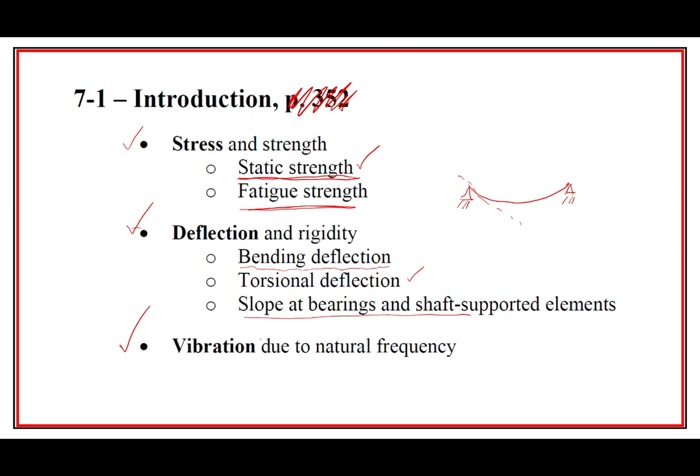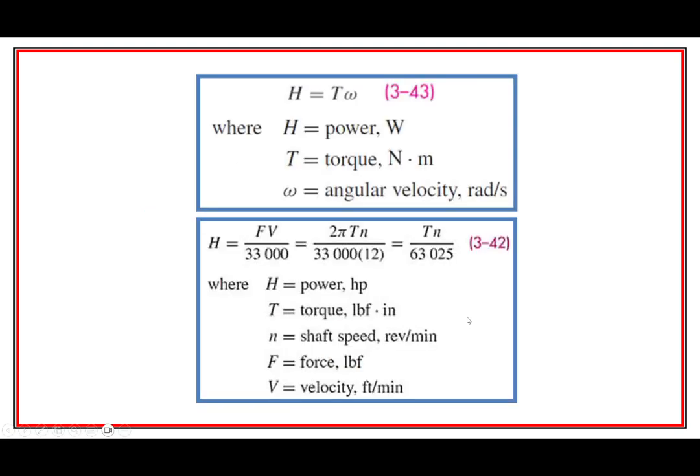And then, of course, we're worried about natural frequency and sympathetic resonance. We don't want our shaft to have a natural frequency that is close to its operating speed. It gets all crazy when that happens.